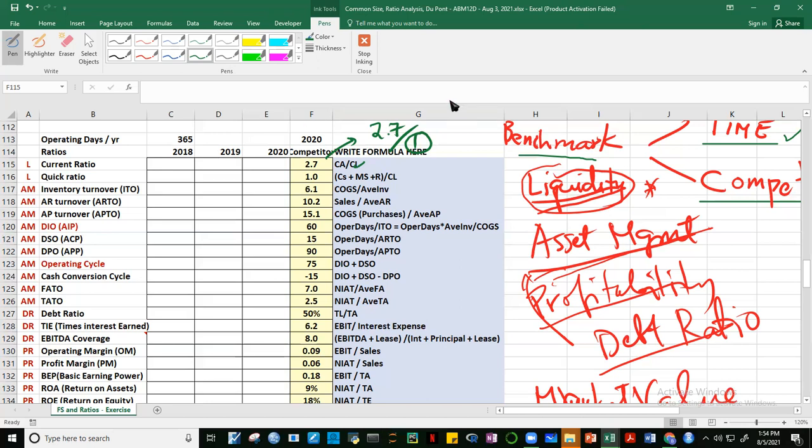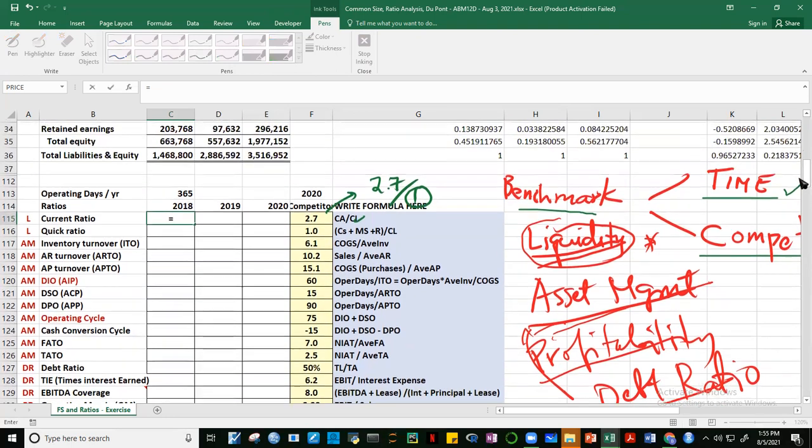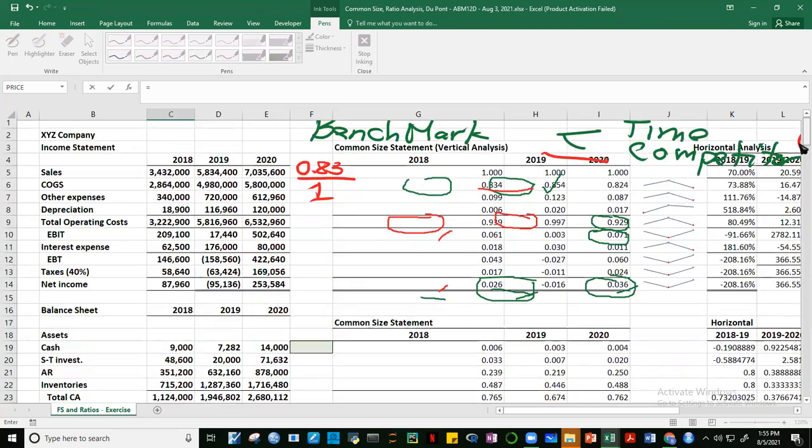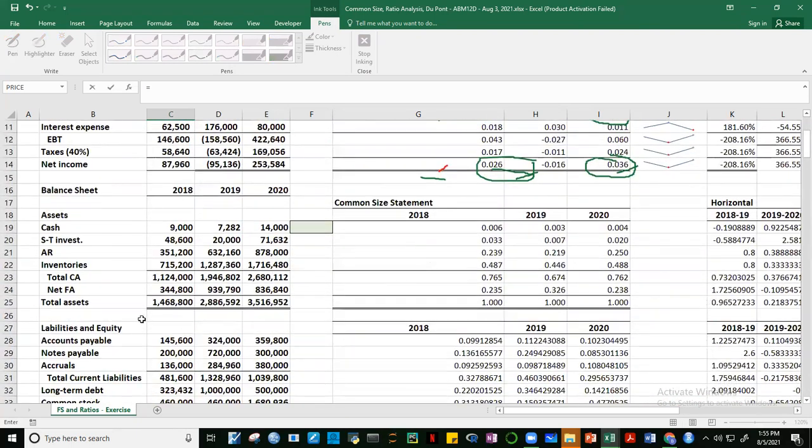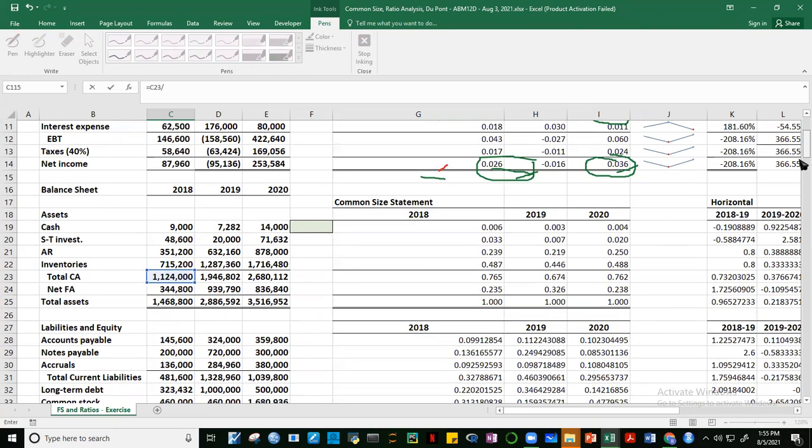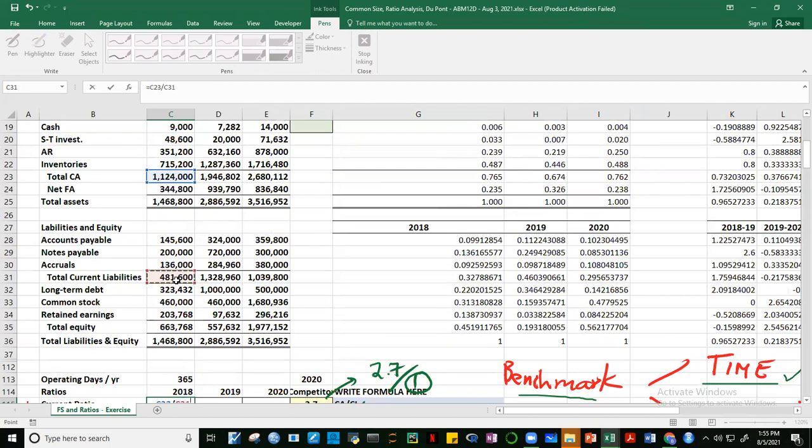So let's first compute the current assets of our company. Asan yung current assets natin? Okay, ito. Total current assets divided by total current liabilities, which is this one.